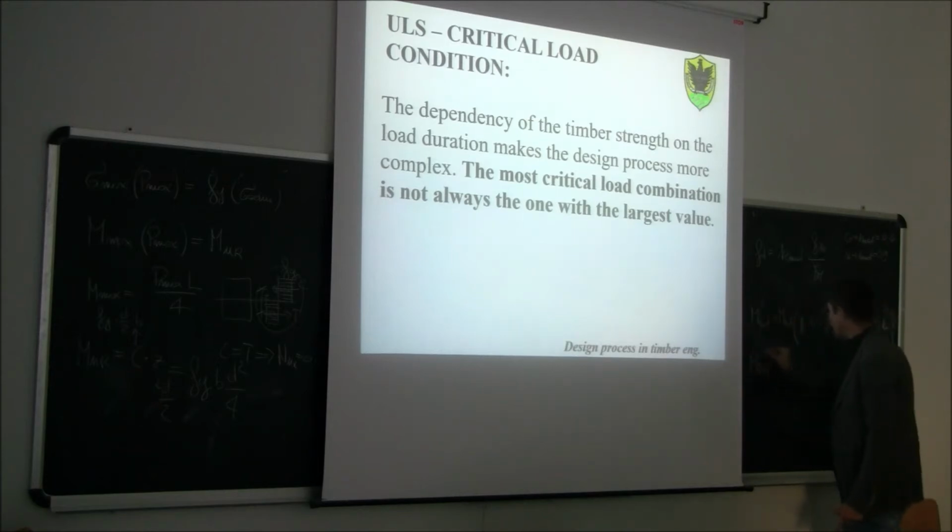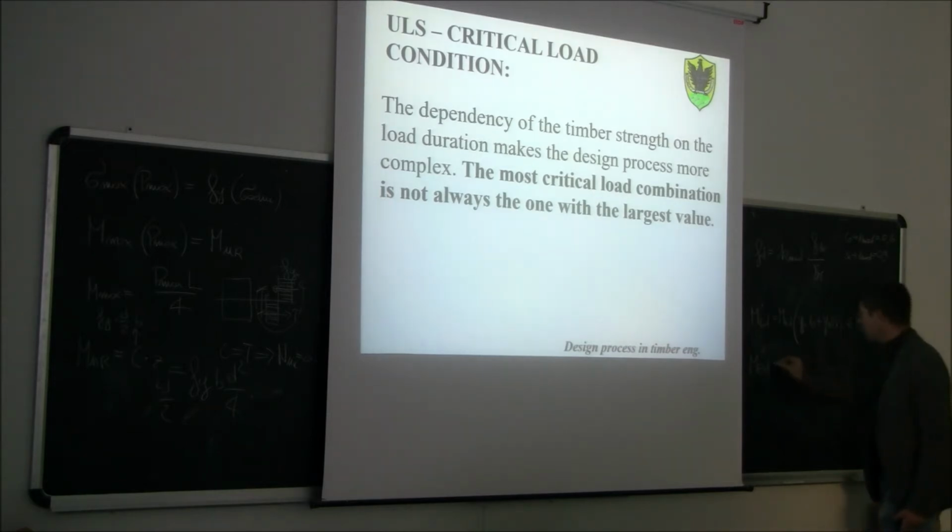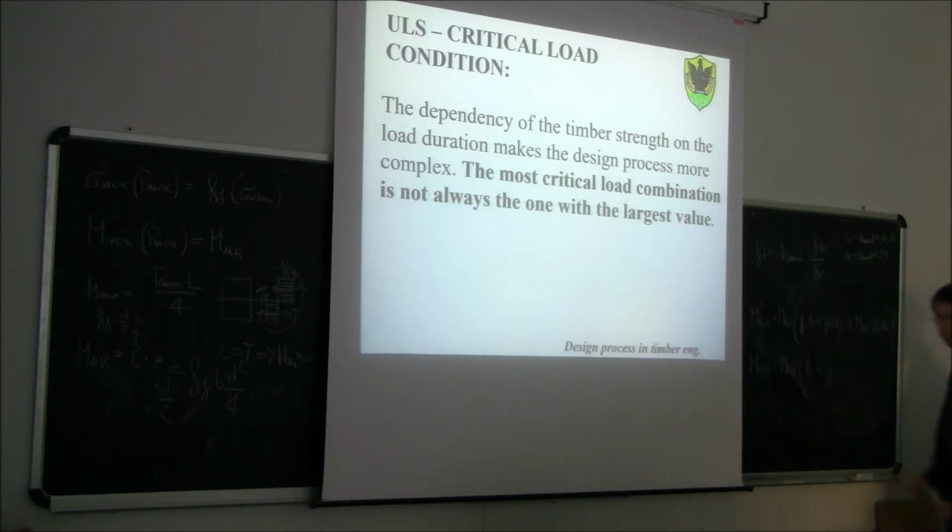You should also calculate a moment, MED second, as a function of only the permanent load. Now, I say, okay, I do the check when there is no snow. When there is no snow, I have only permanent. Of course, this one is less than the other.